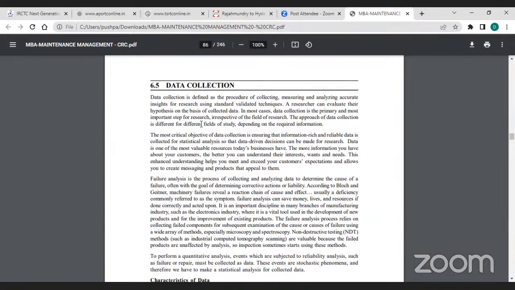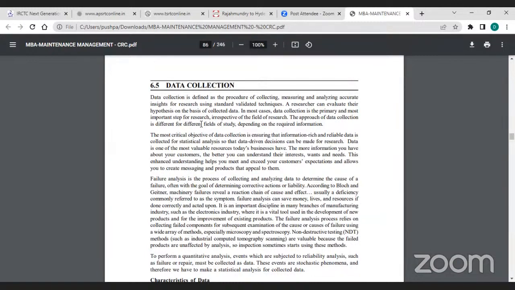So we have two types of data, primary data and secondary data. A researcher can evaluate the hypothesis on the basis of collected data. So what I told, data collection is the primary and most important step of research. So what is primary data?